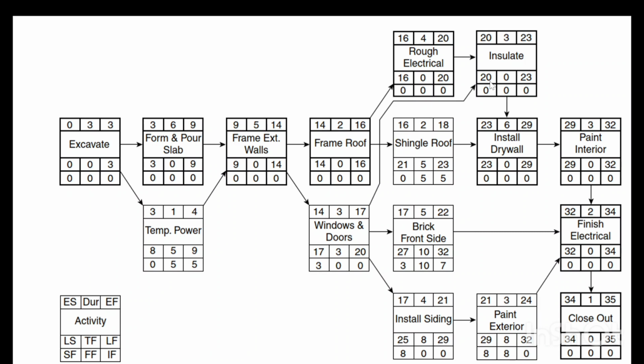It's very clear, and we see here the shared float is actually like a path of some series of activities, and these series of activities share an amount of float together. Once one of them consumes this amount, the other one will be critical. If the first one consumes some, the other one will have the remaining.